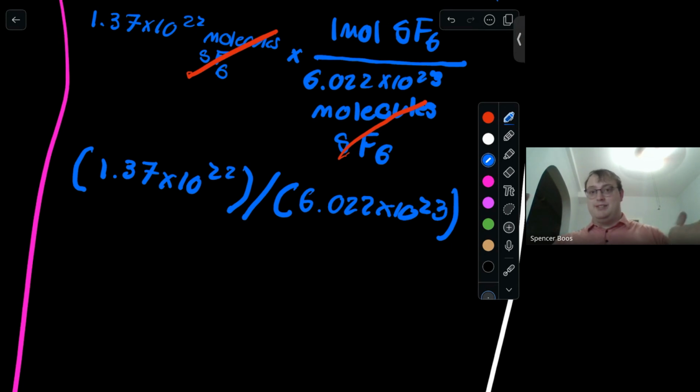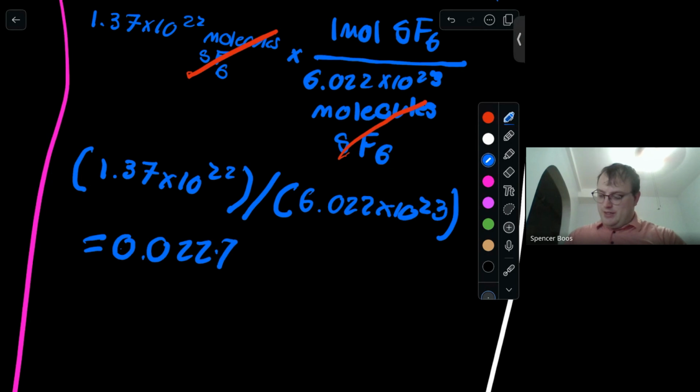Why doesn't the calculator just do it the right way? It's because of PEMDAS. Your scientific calculators do follow PEMDAS. So the quantity 1.37 times 10 to the 22nd, divided by 6.022 times 10 to the 23rd, and I get 0.0227 moles of SF6.